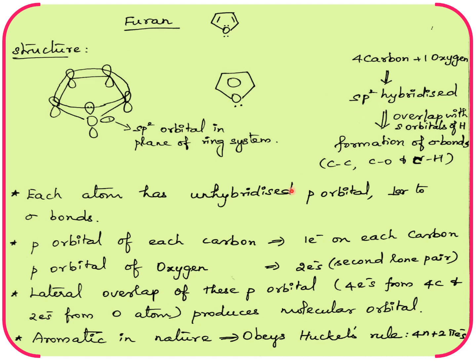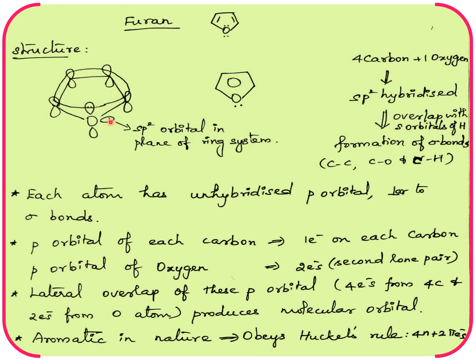After the formation of sigma bonds, each atom of furan still has an unhybridized p orbital, which is perpendicular to the sigma bonds. The p orbital of each carbon has 1 electron, and oxygen has 2 lone pairs of electrons, of which 1 lone pair is already involved in delocalization of the pi electrons.